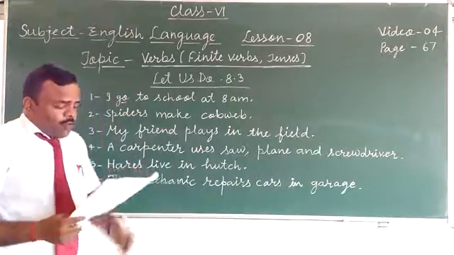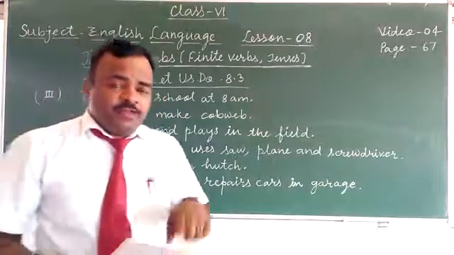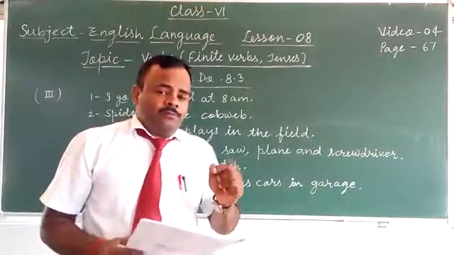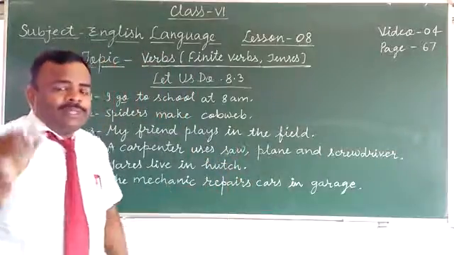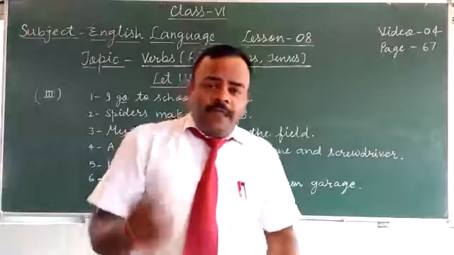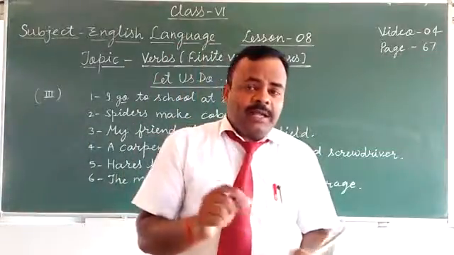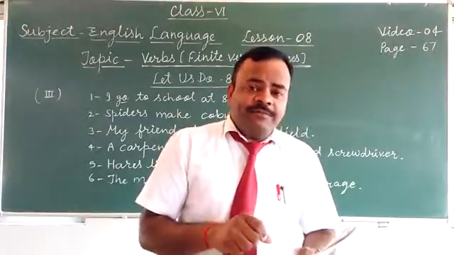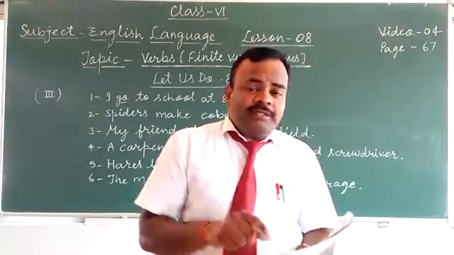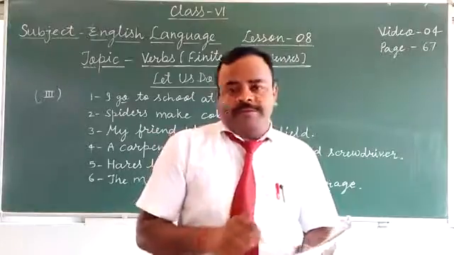Second one, what do spiders make? So spiders here plural subject. So we use plural verb. So simply you can understand, if do is used in the sentence with subject, it means the subject is plural. And if does is given in negative or interrogative sentence, it means the subject is singular. Okay.